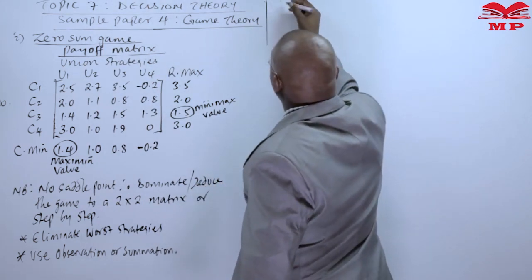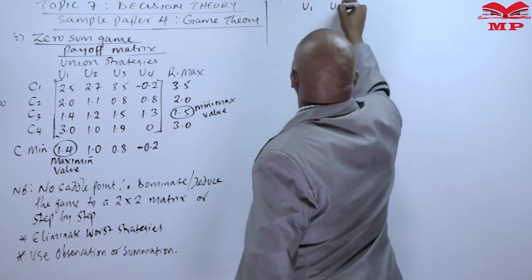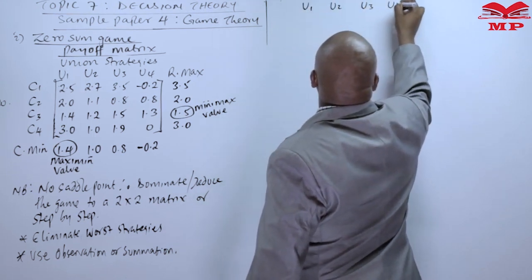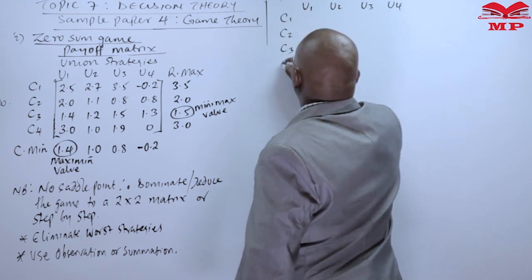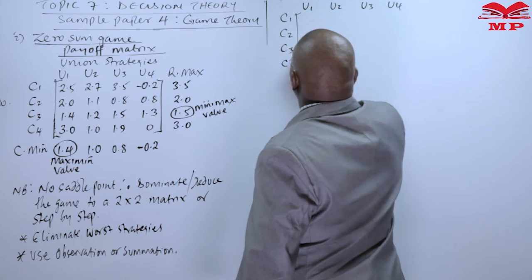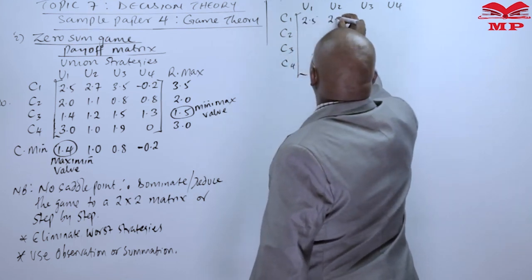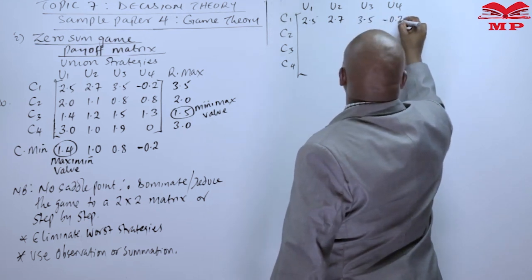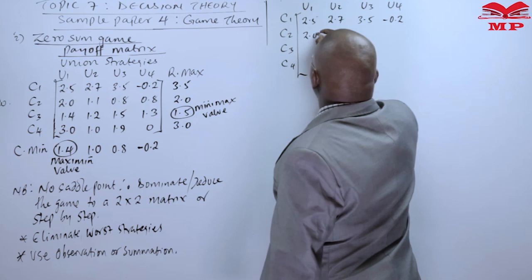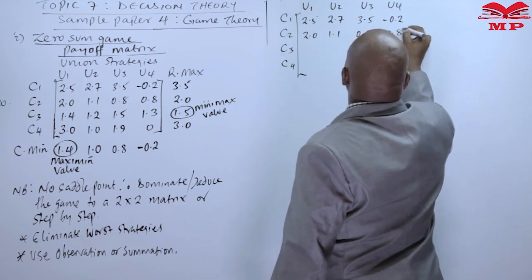So you can have it this way now. This is U1, U2, U3, U4. This is C1, C2, C3, C4. So we have 2.5, 2.7, 3.5, minus 0.2. We have 2.0, 1.1, 0.8, and 0.8.